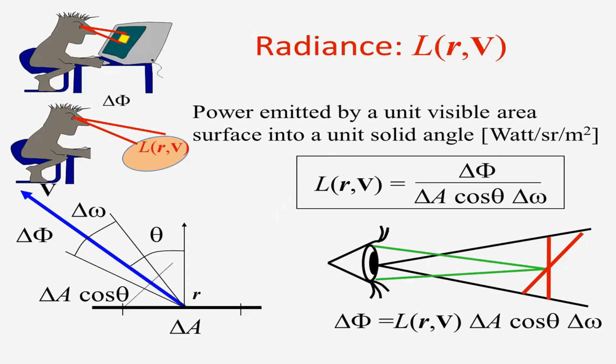Point-like phenomena, like small light bulbs or very distant stars, obviously do not fall into this category. For point-like objects, the radiance is inversely proportional to the square of the distance, as expected.